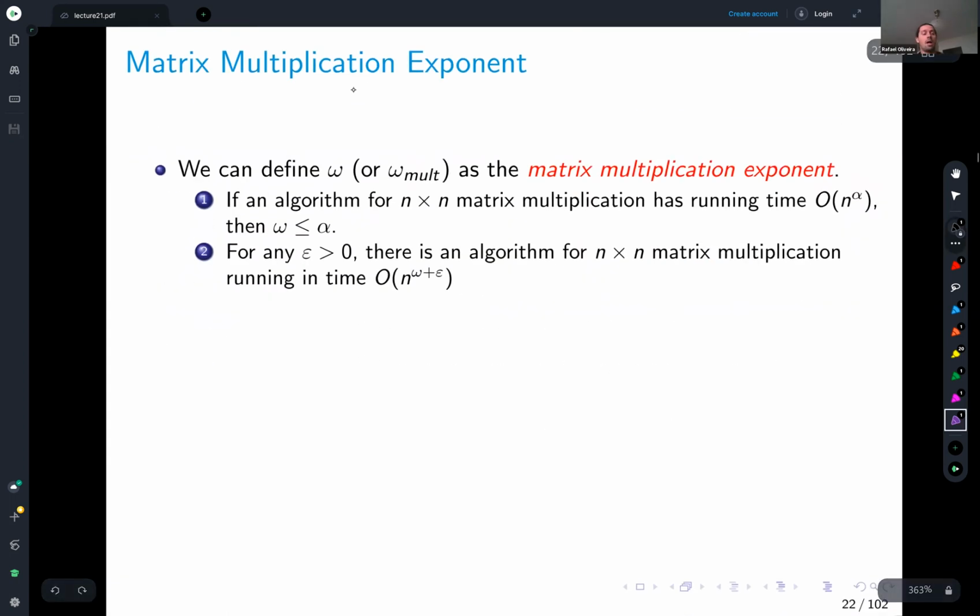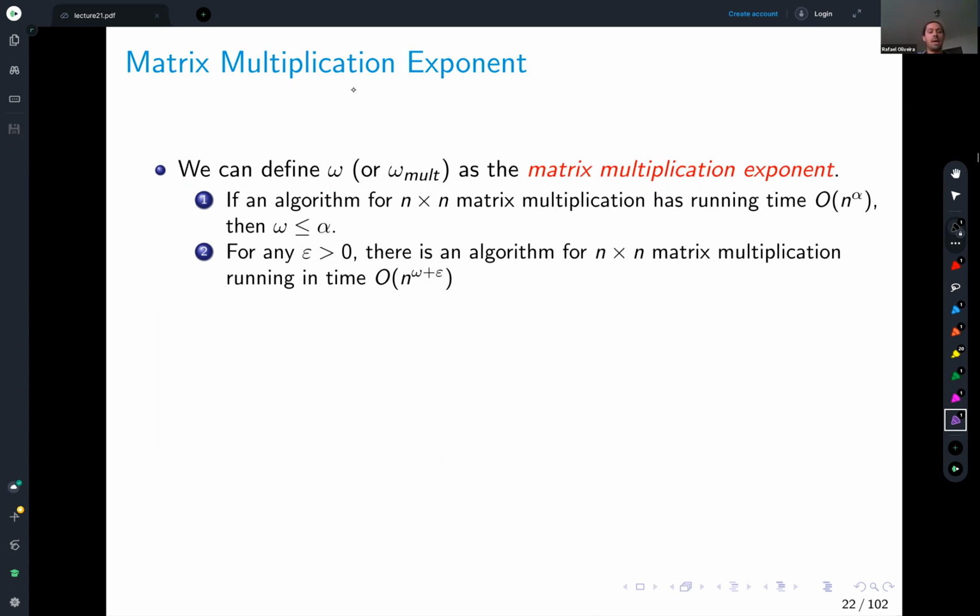Since matrix multiplication is such an important problem, probably one of the top 3 most used algorithms in life, we really want to learn what the complexity of matrix multiplication is, right?